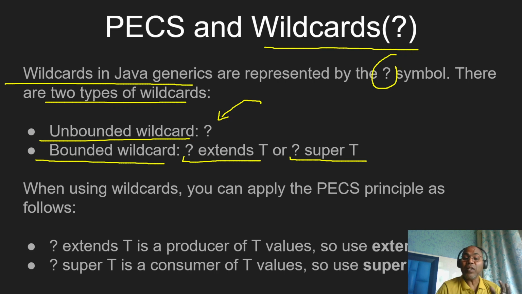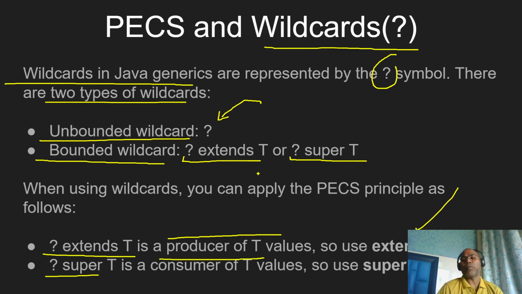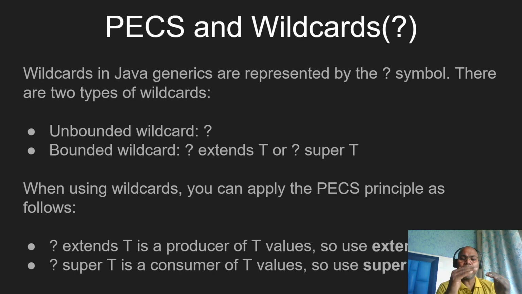This principle simply helps us understand: if it says question mark extends T, that means producer of T values, so use the extends keyword. And if it is super T, that means consumer of T values, so just use super. Just understand, extends means producing a value; super means consuming a value, meaning the method you're writing receives the value.